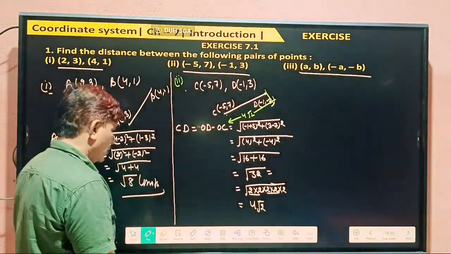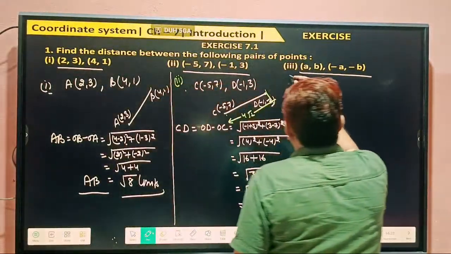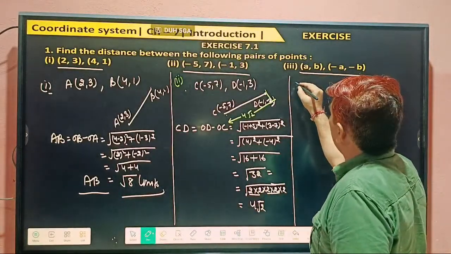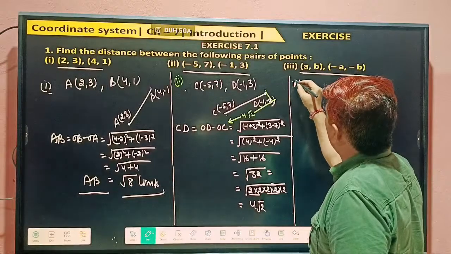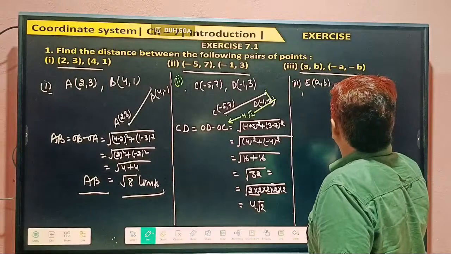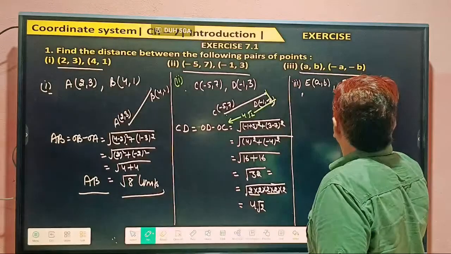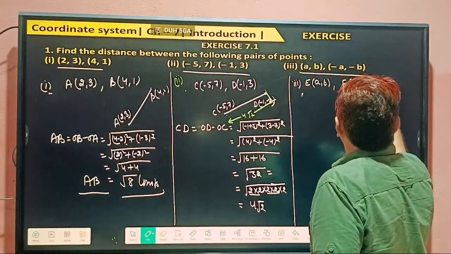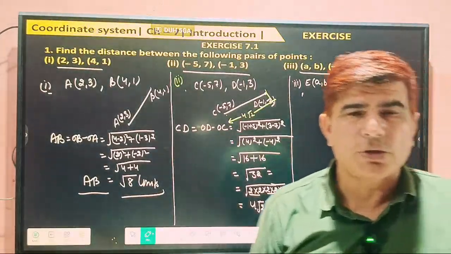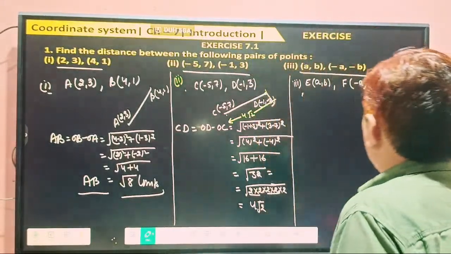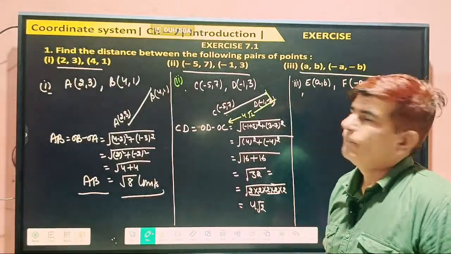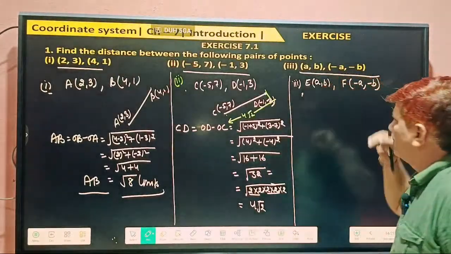So the third part of this question, this also like this. We are taking this as point E. E is the point a, b, and the point F is minus a, minus b. If again I ask you, E is lying in which quadrant? Both X and Y are positive, so definitely lying in the first quadrant.